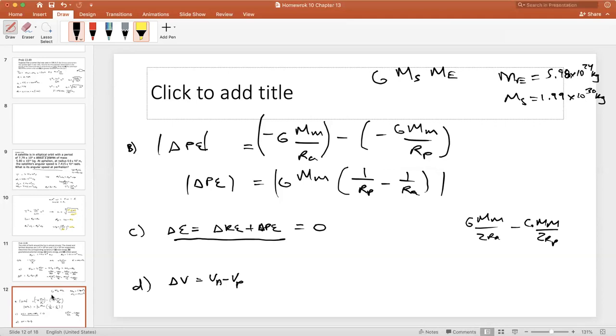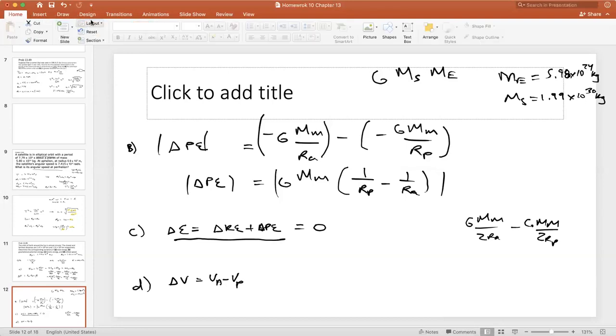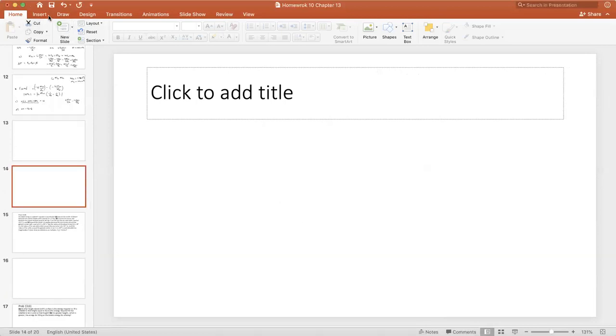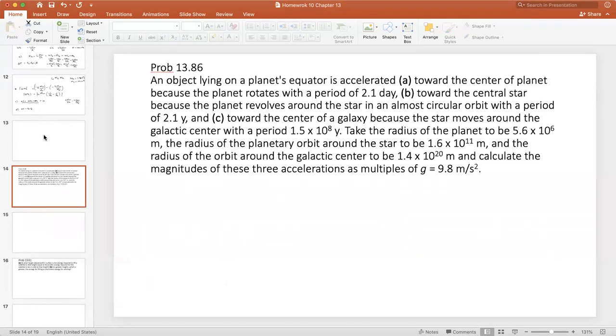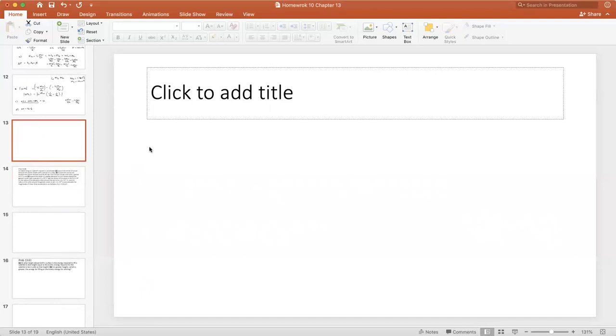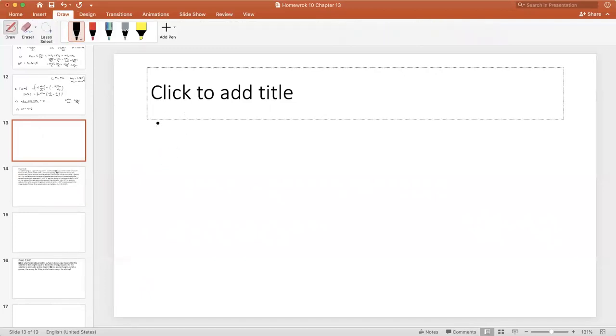So one way to do this is to say that we know that the change in kinetic energy was the change in potential energy.